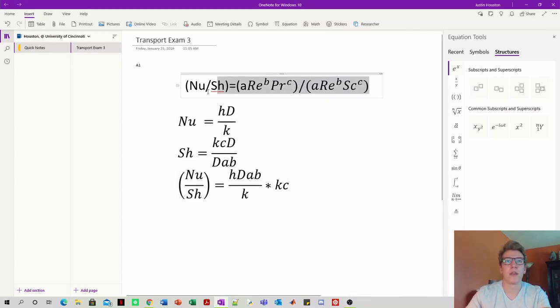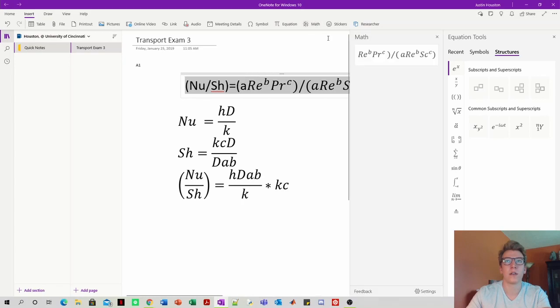And I'll do the same thing here for the first equation I made.